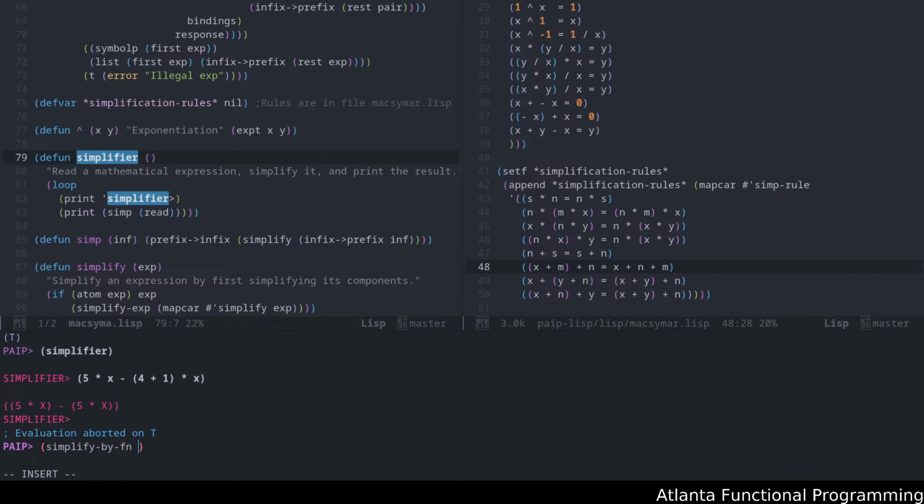So we do simp on 5 times x minus 4 plus 1 times x. And just to see what this is doing, let's do this piecemeal.